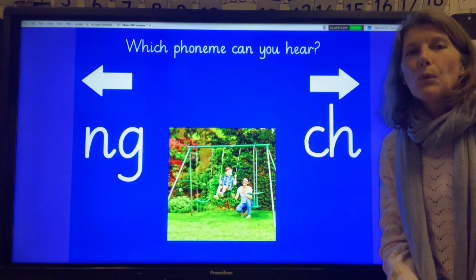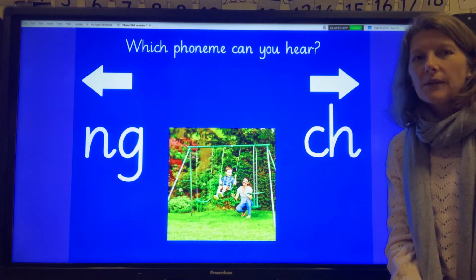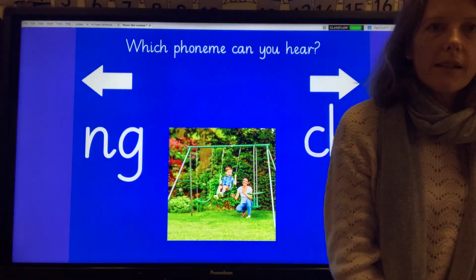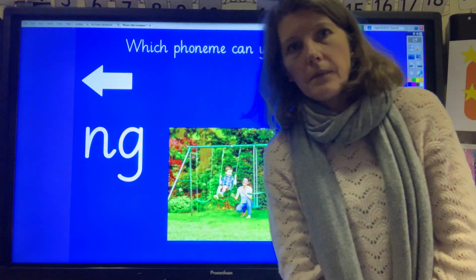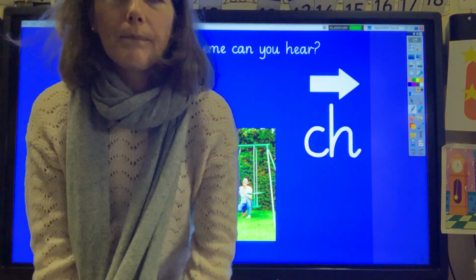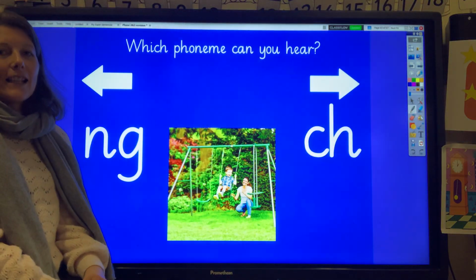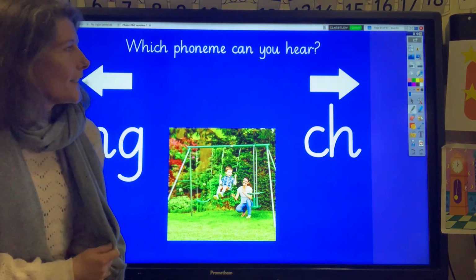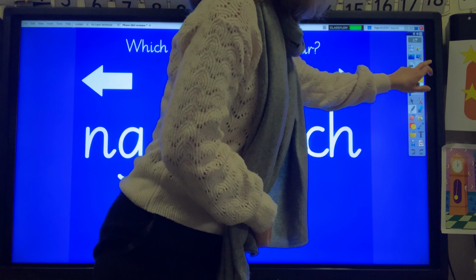Are you ready? Swing. Which sound does it end with? You should be on this side. If you are, give yourself a point. Well done.